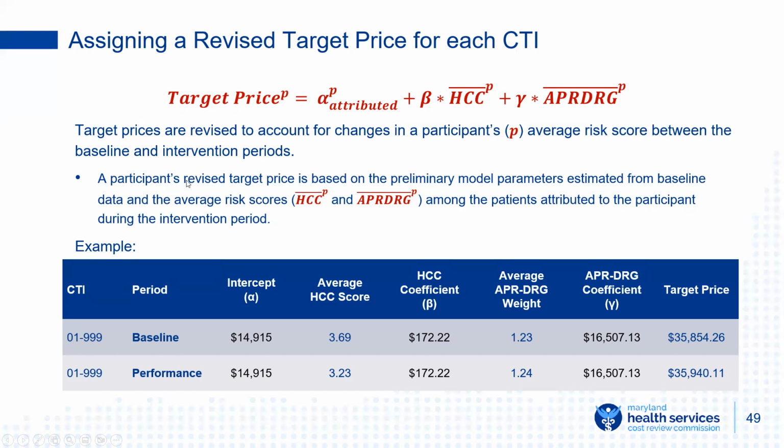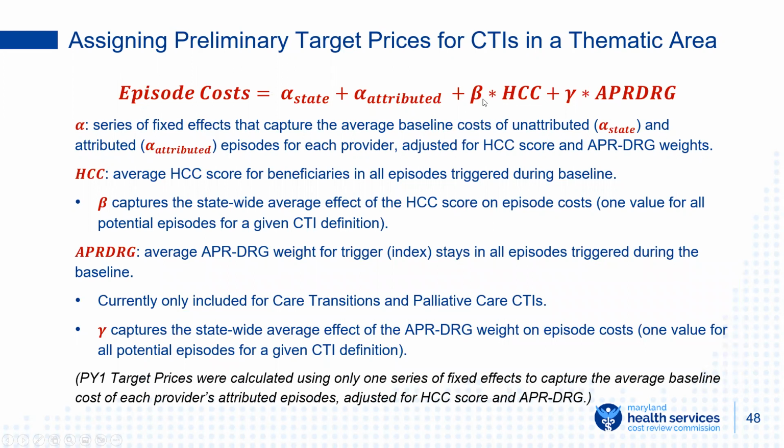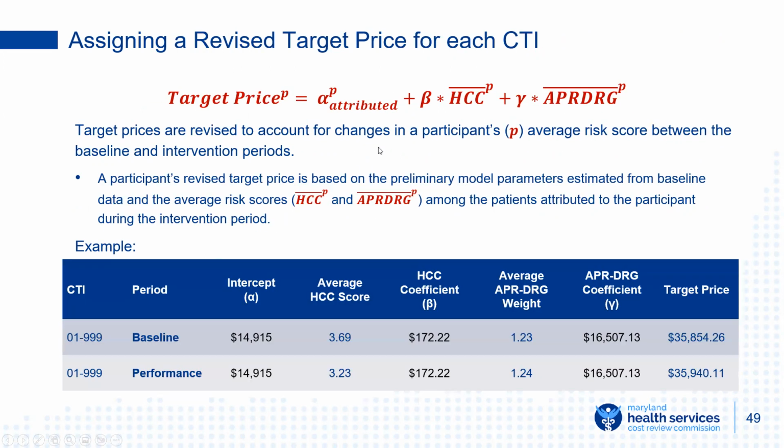We're almost done. All right, so once we estimate these parameters for beta and gamma and the baseline, we can calculate any provider's CTI definition target price by simply plugging in. We have the fixed effect for each particular CTI definition or provider, and then we would use the average HCC score for that provider's attributed episodes and plug that into this equation with the pre-calculated beta, gamma, and alpha.